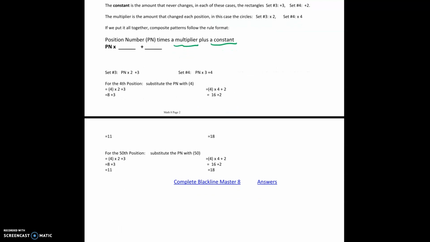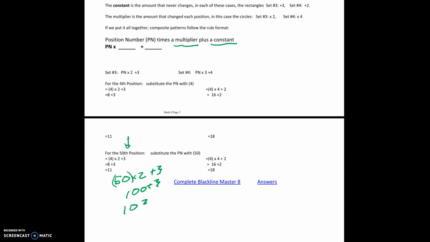We could also then do the exact same thing as we've been doing for the 50th position. It's position number times what changes in set number 3's example, times 2 and then plus 3. And it looks as though I've got the wrong numbers written down here. So 50th position should be 50 times 2 and then plus 3, which would give us 103 for set number 3.